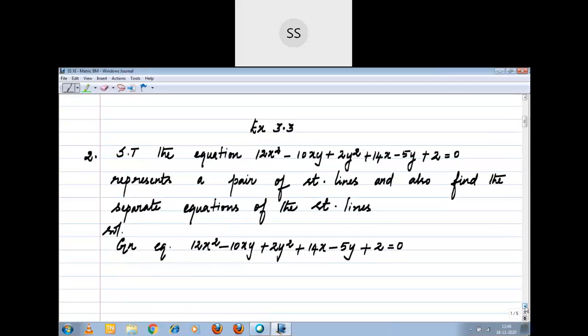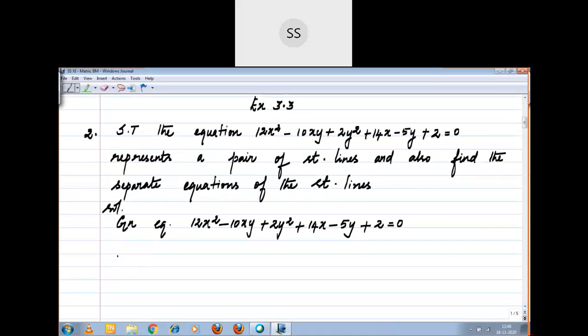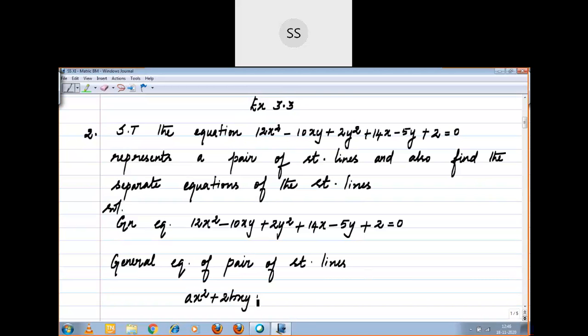You have to recall it. The general equation of a pair of straight lines is ax² plus 2hxy plus by² plus 2gx plus 2fy plus c is equal to 0. This is the general equation of a pair of straight lines.